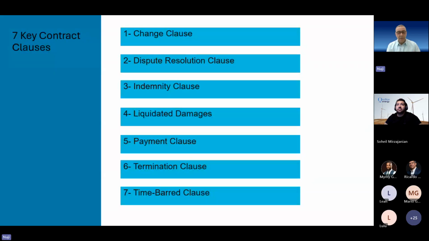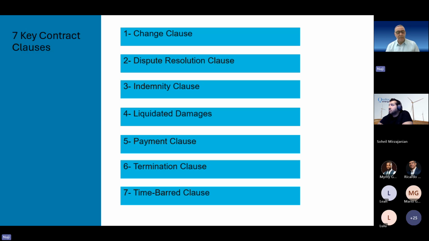Indemnity clause, liquidated damages. It's about the cash, about if you're going to breach the contract, how much you will pay, if really it is about compensation. Payment clause, we discussed that. Termination. In case there is a termination of the project, how you're going to terminate it. Again, it's not done by a phone call or an email. We're going to stop the work. It's not like this.